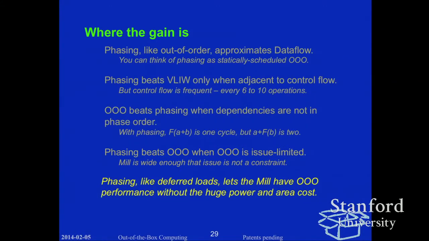So phasing is an example of something of which we've had other examples addressed in various talks. One of those, in the discussion of the memory system, introduced a notion called a deferred load that I won't go into, but remember your homework. Its consequence is that we can approximate the performance of an out-of-order machine without the power and area overhead of actually doing a real out-of-order.